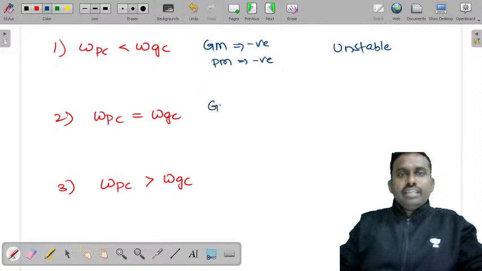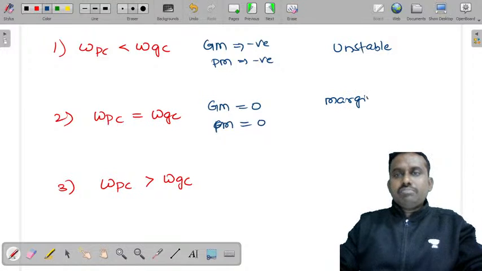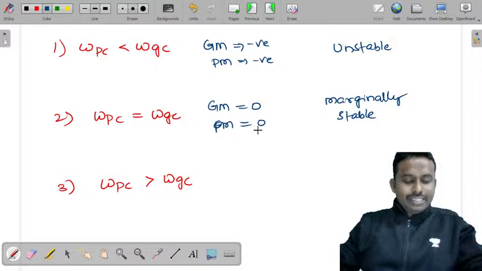And if the phase crossover frequency is equal to the gain crossover frequency, gain margin is 0 and phase margin is 0, and the system is a marginally stable system.